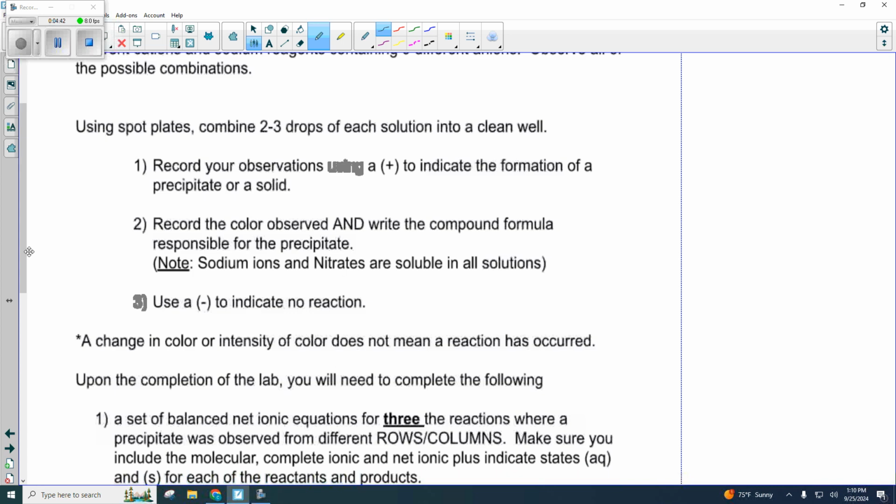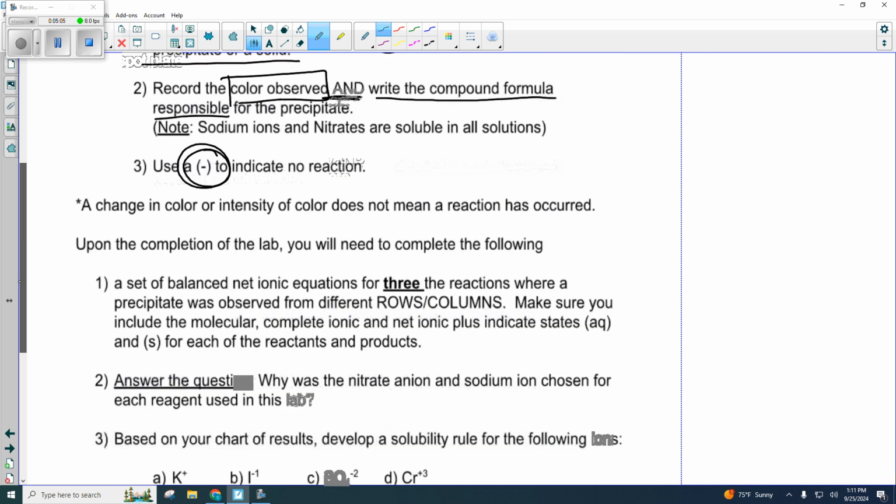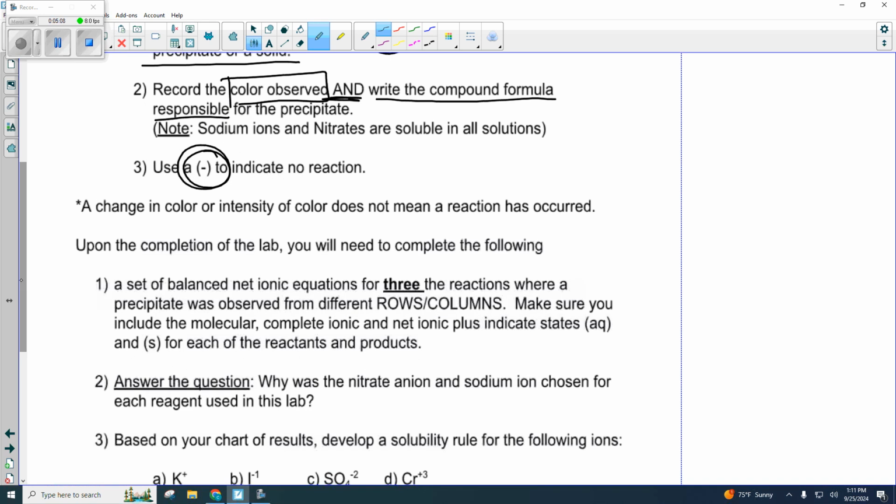So you're going to do 2 to 3 drops of each one in the spot plate, record your observations using a positive for formation of a precipitate or a solid, record the color observed, and write the compound formula responsible. I'll show you what that means in just a second, and then use a dash if there's no reaction. So a change in color or the intensity of color does not mean that it's occurred.